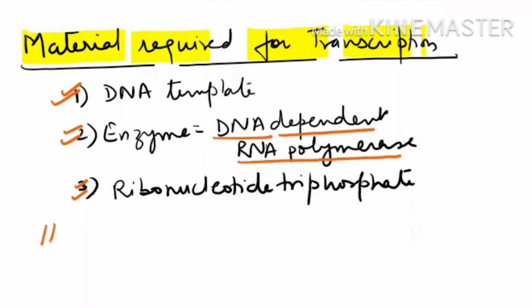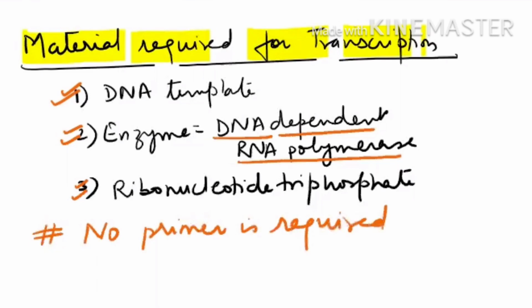Main important point you have to remember here, primer is not required. No primer is required. If you remember in the DNA replication, which I've already discussed in the previous videos, DNA replication requires the help of the RNA primer, but transcription does not require any primer. Please, this is very important. Try to learn it.